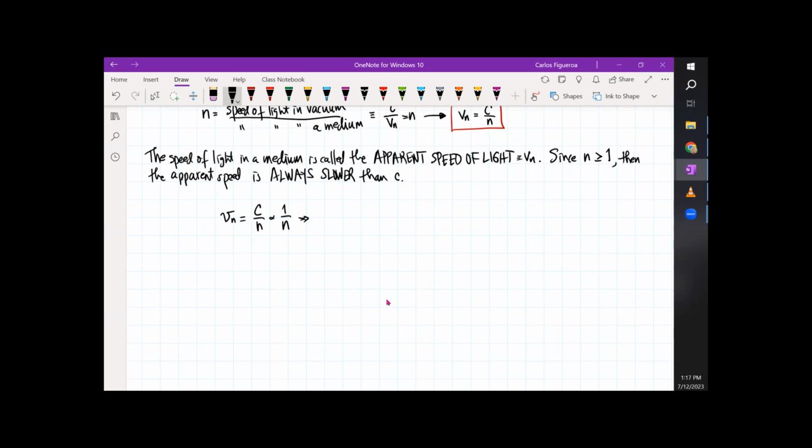Well, if I have a larger n versus a smaller n, then what that tells me is that I have more electrical interaction.